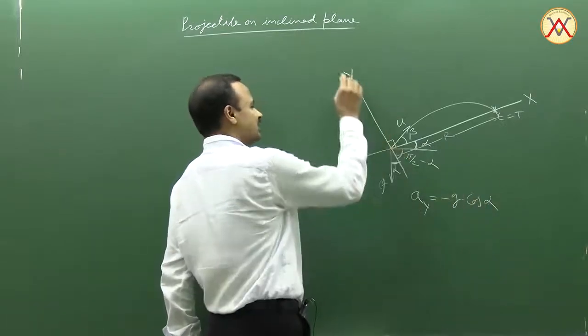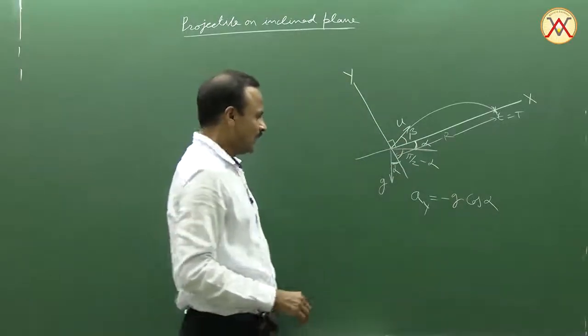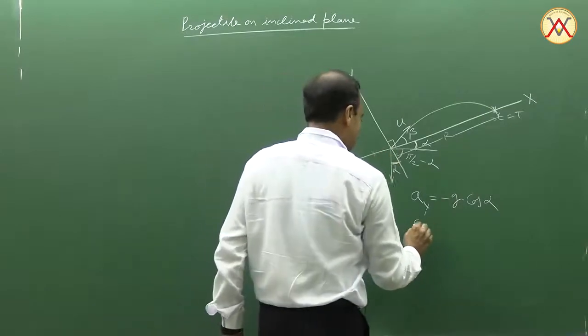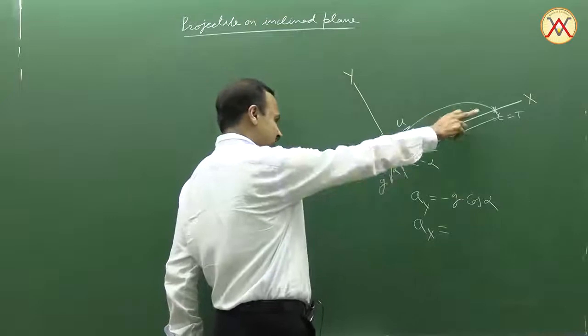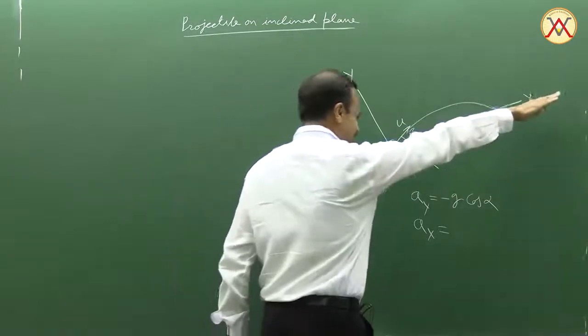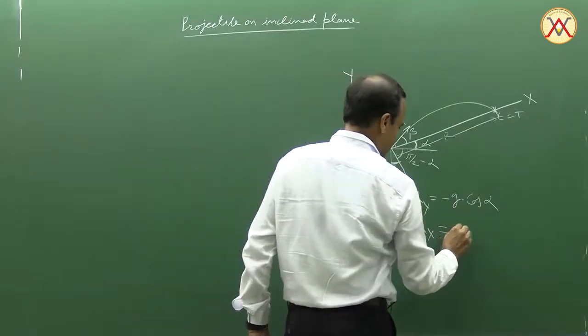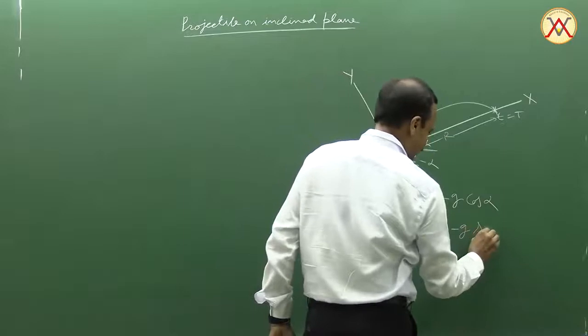Negative because our y direction is that one and it is against this. And a_x, there is some x component of acceleration also, and this is also negative because our positive x direction is towards the right, and this is leftward, so it is minus g sine alpha.